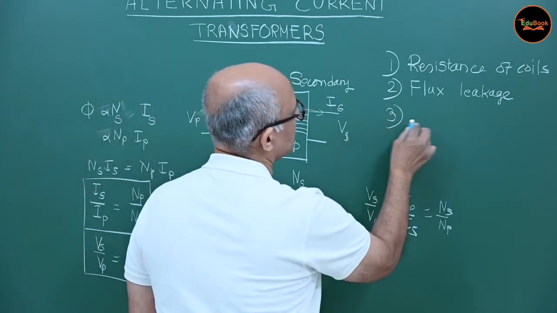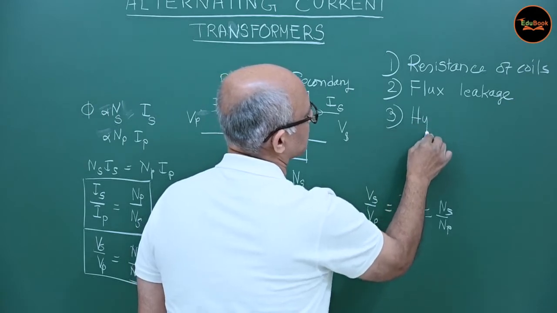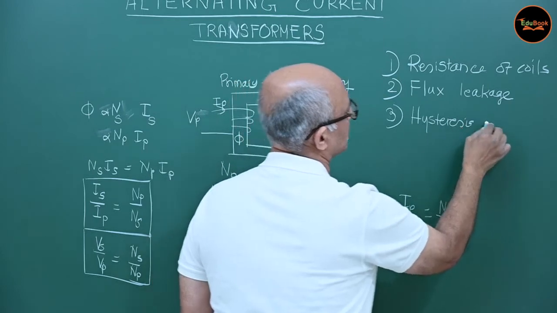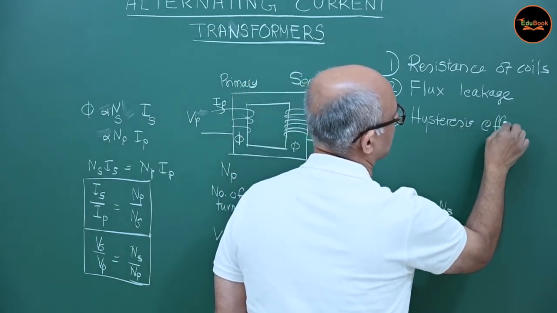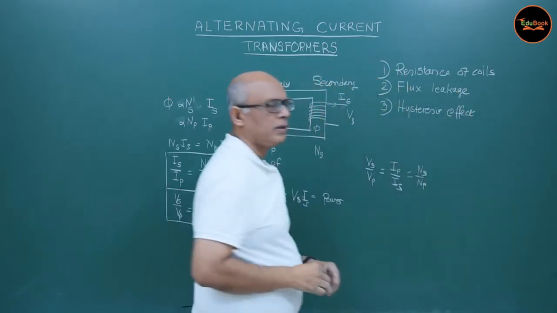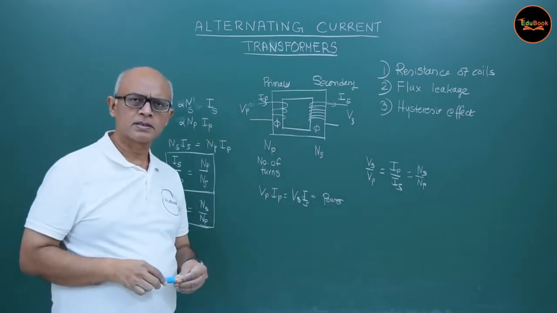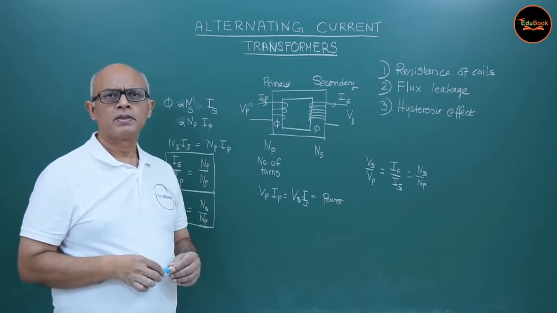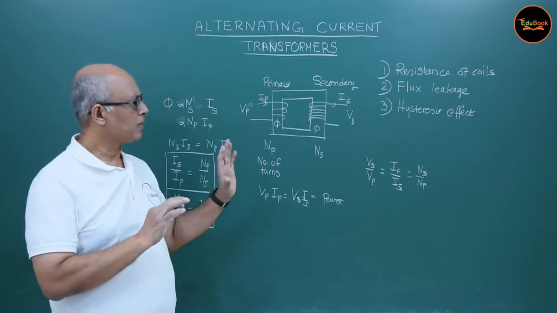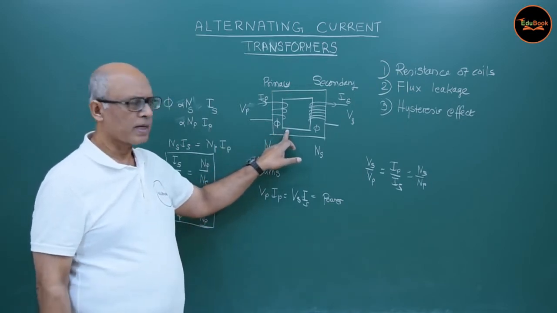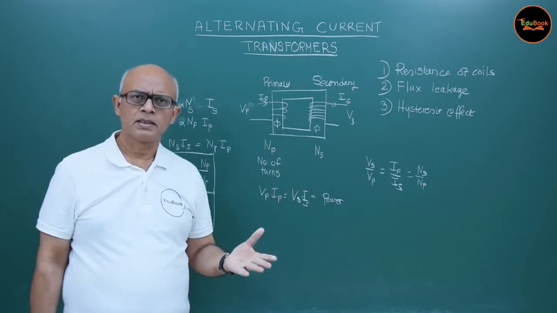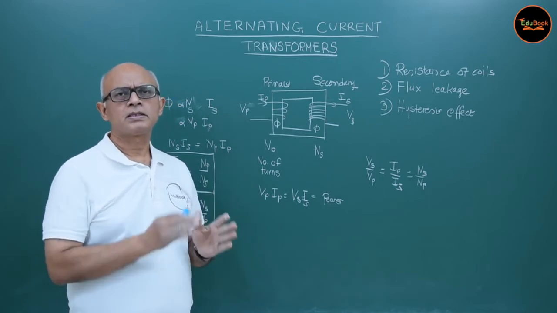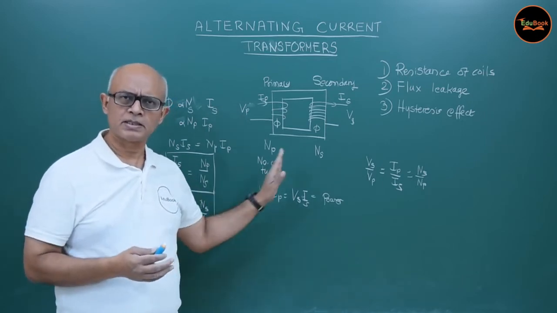Number three is hysteresis effect. During the magnetic properties of materials chapter, we studied that when this ferromagnet is magnetized and the magnetizing field is removed, there is some amount of residual magnetism that stays there.